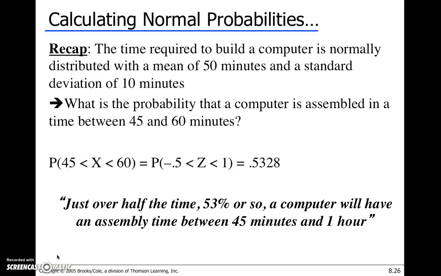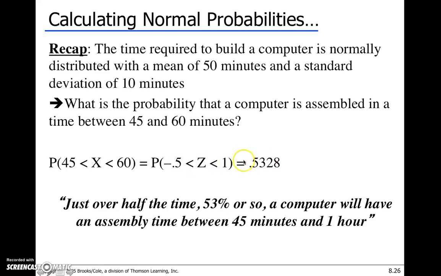The time required to build a computer is normally distributed with a mean of 50 minutes and a standard deviation of 10 minutes. What's the probability that the computer is assembled in between the time 45 and 60 minutes? We just calculated that to be probability that x is greater than 45 and less than 60 is equal to probability that z is greater than minus 0.5 and less than 1.